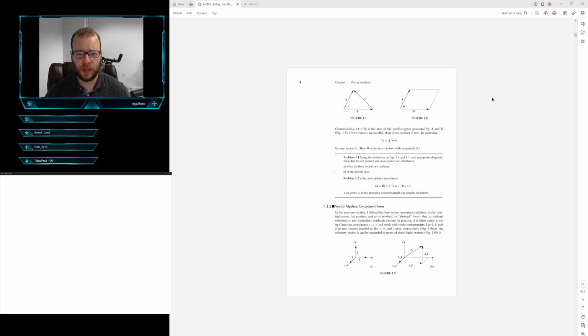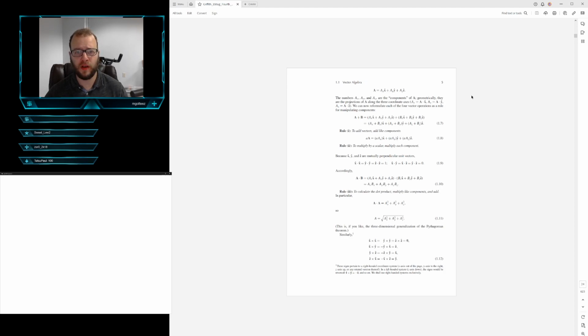So the last time we spoke, we went over the idea of components of vectors. And we defined the x hat, the y hat, and the z hat component, as well as the normal component. So the x hat, the y hat, and the z hat component are simply a vector of unit length that is pointing in either the x, y, or z direction.